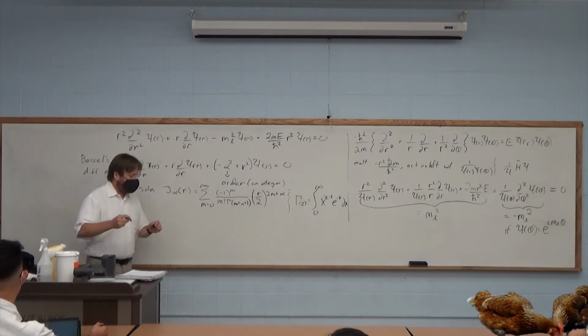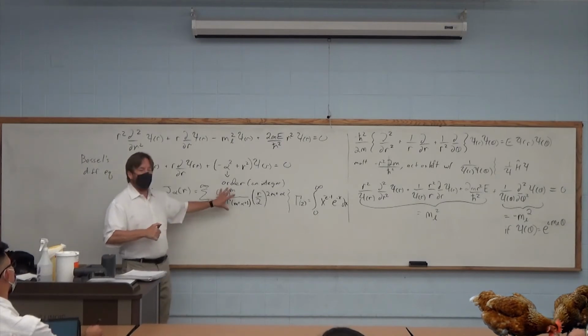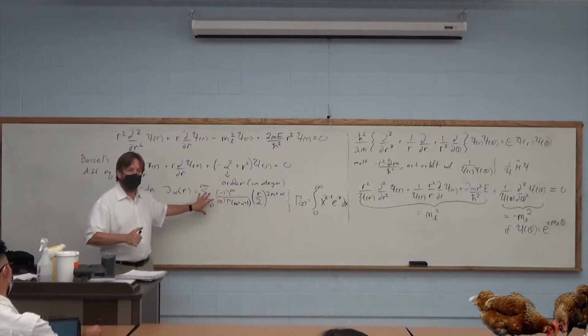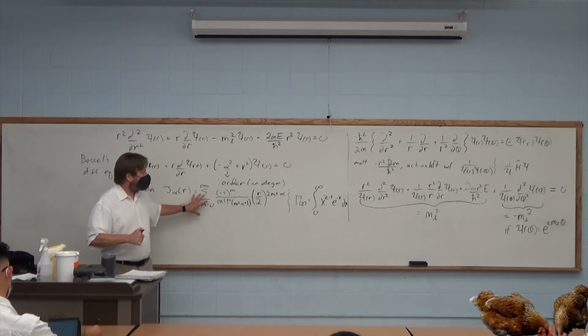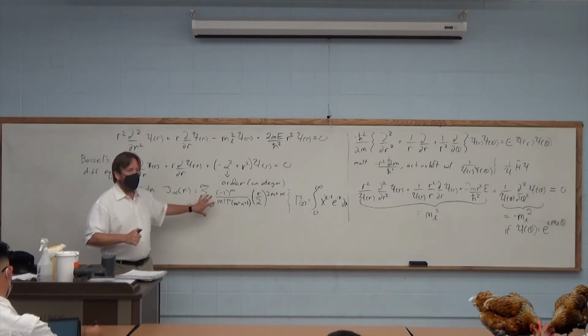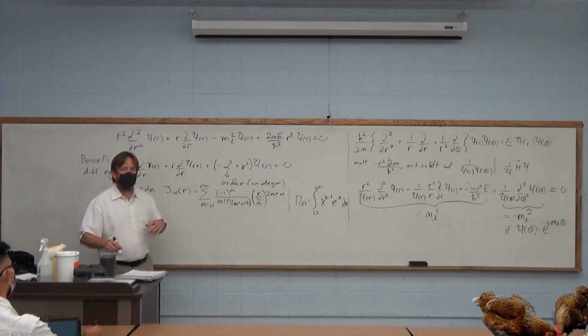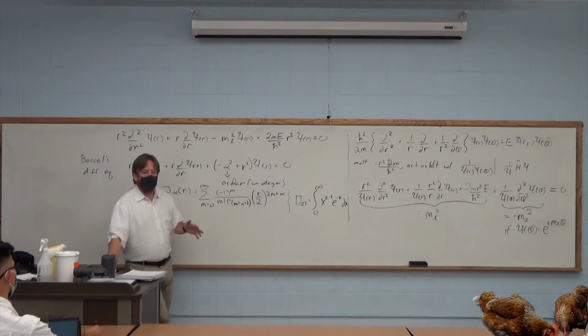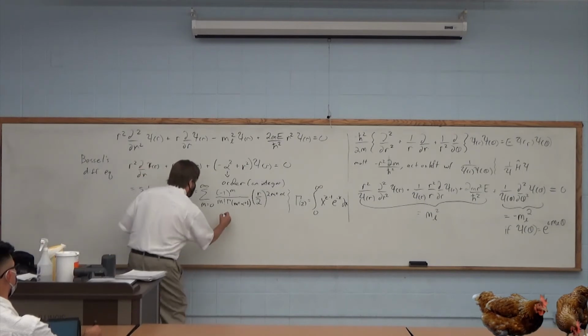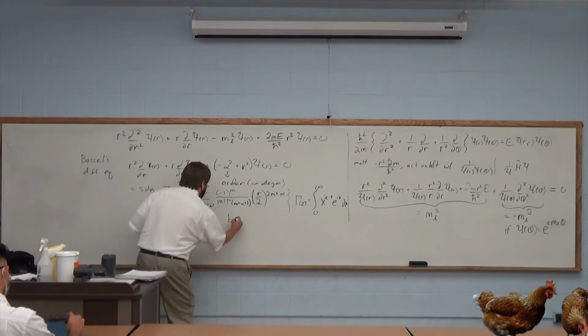Now let me ask you this. Can you deal with something like this? What do you think? Let me ask you a better question. It turns out if you go into Matlab and say, hey, Matlab, Bessel, it's called Bessel, the Matlab function.